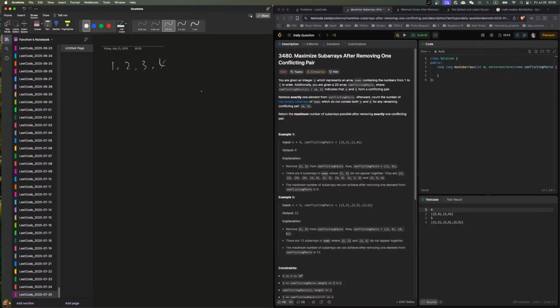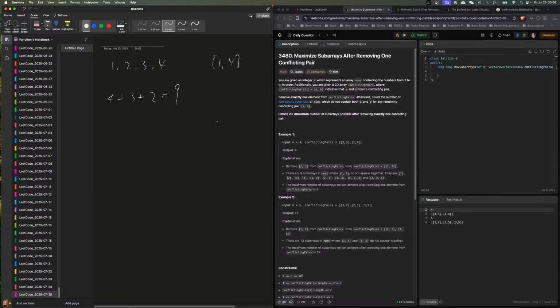And 2, 3 is conflicting, 1, 4 is conflicting. If I remove 2, 3, then we have 1, 4 left. So I just need to find the number of non-empty subarrays that do not contain 1, 4. Size of 1, definitely, so we have 4. Size of 2, because 1, 4 is here, so we have 3. Size of 3, and that's it. So this gives us 9, right?